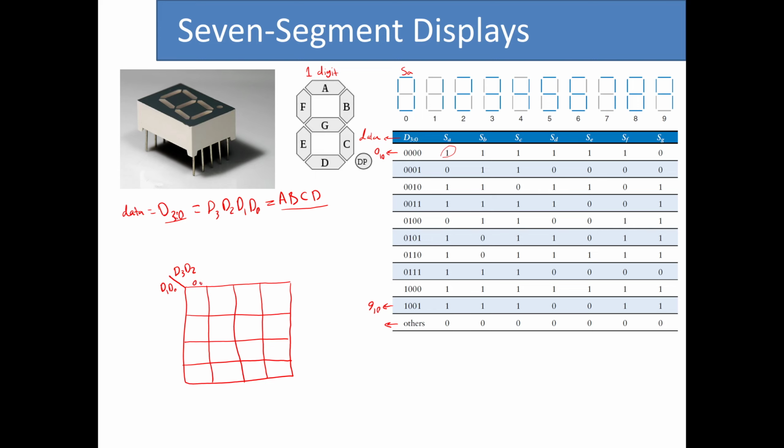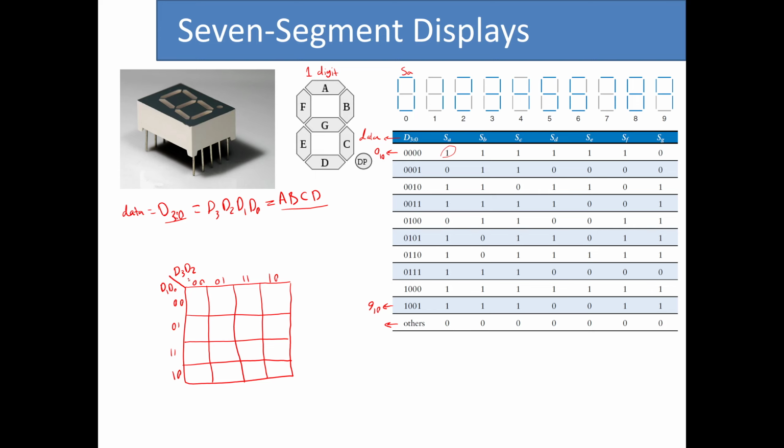We have 00, 01, 11, 10. Again, we are using the gray code. So from one cell to its immediate neighbor, we only have 1 change. And now that we have this, we can simply fill out this Karnaugh map using the truth table that we have.